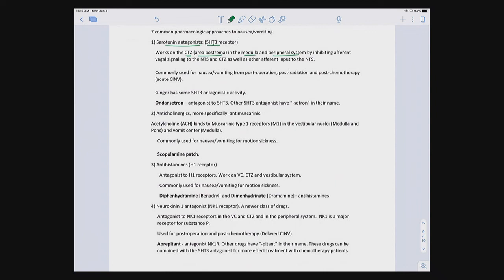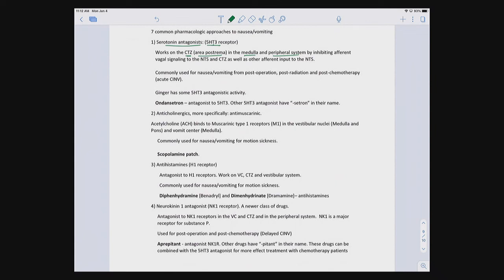Because you will recall that this receptor, the 5-HT3 receptor, is very important in the GI tract in that we have the vagus nerve innervating most of the GI tract, and you have a strong sensory component of the vagus nerve, so it's sensing what's going on in your GI tract. And in the case of nausea and vomiting, any type of irritant or stimulant having to do with the GI tract is going to upregulate or increase the level of serotonin, and then that serotonin binds to the 5-HT3 receptor at the sensory end of the vagus nerve.